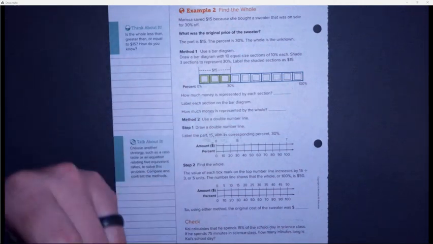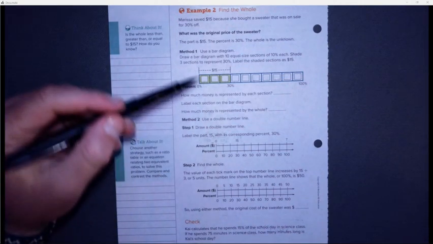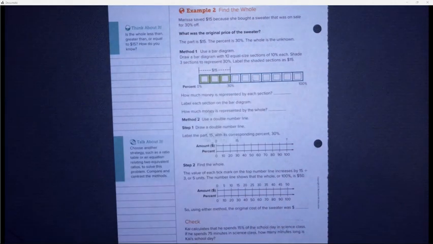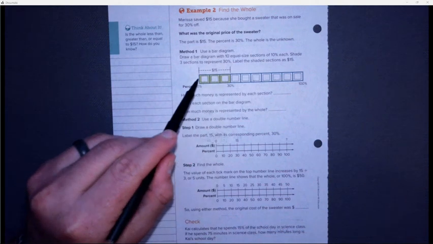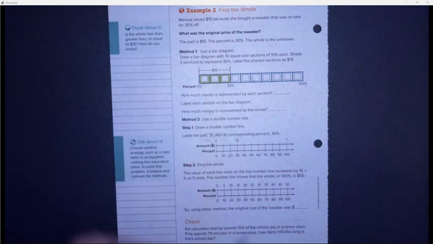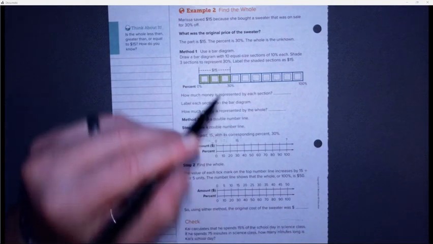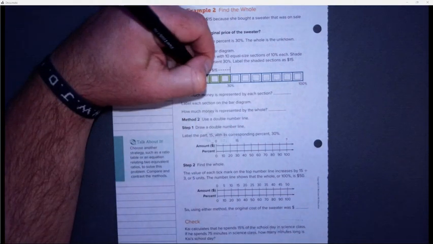30% is a multiple of 10%. So we can break our 100% bar into sections of 10%. 10 times 10 is 100, so there'll be 10 sections of 10%. Since we're looking at 30%, we're going to shade 3 of the bars, which represents our $15 that we saved. 15 divided by 3 is 5.